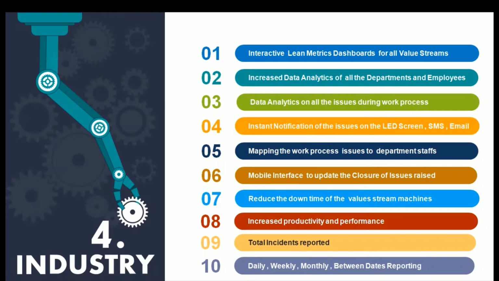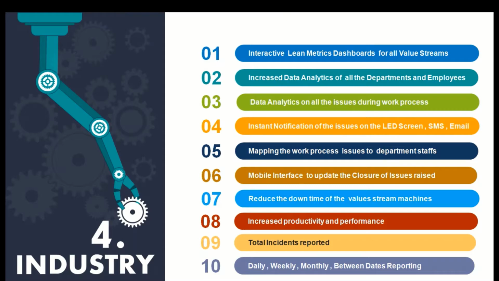Using this system, we can collect the lean metrics data of the value streams, departments, maintenance staffs, and employees. So, when an incident occurs in the production line, which could be due to material unavailability, machine breakdown, quality related, or due to operator non availability, the ARMS system captures these data and sends instant notifications as SMS and email to the concerned department staffs.